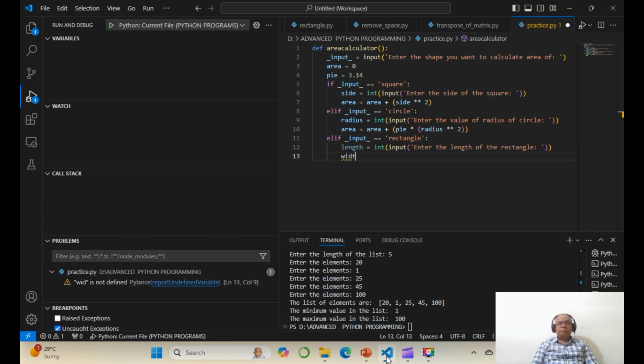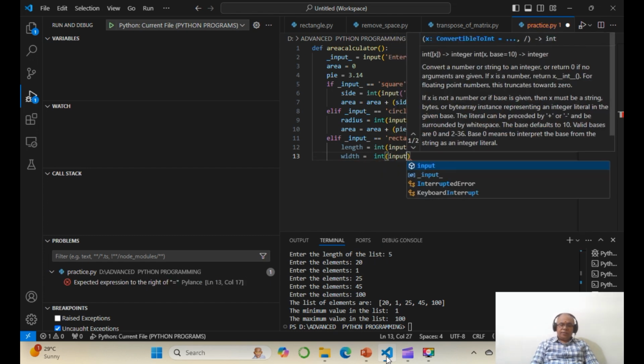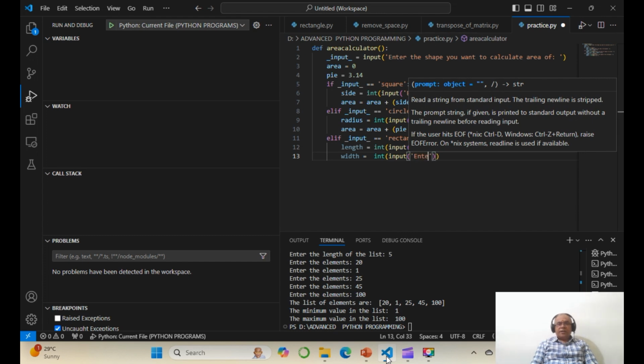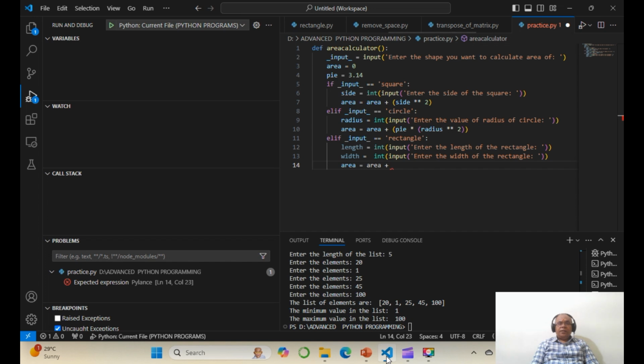Width equals int input, enter the width of the rectangle. Then area equals area plus length star width.